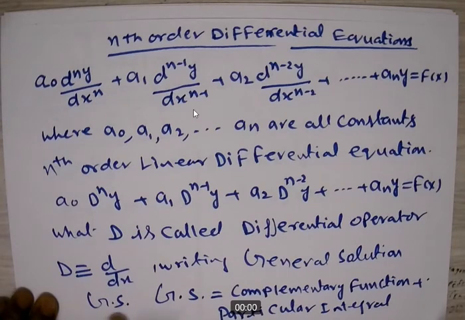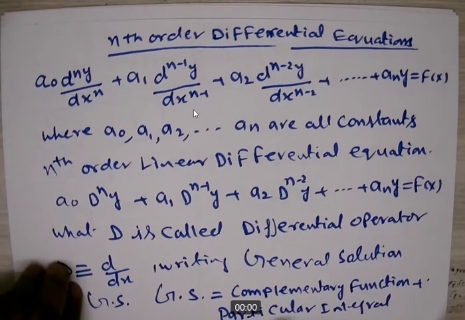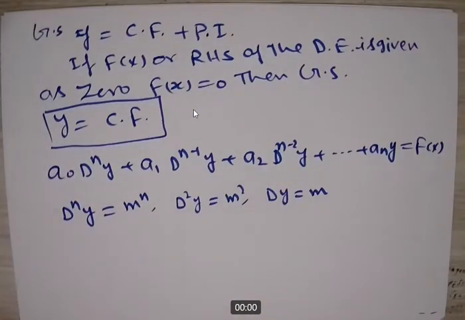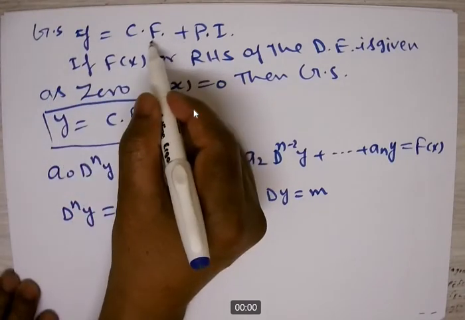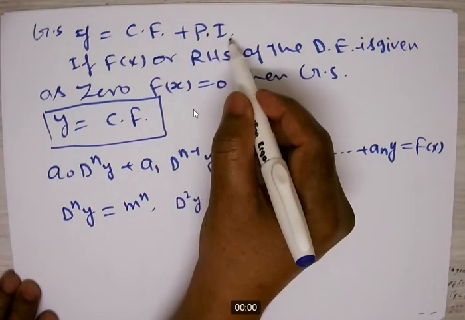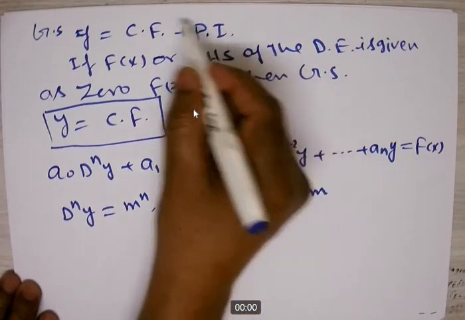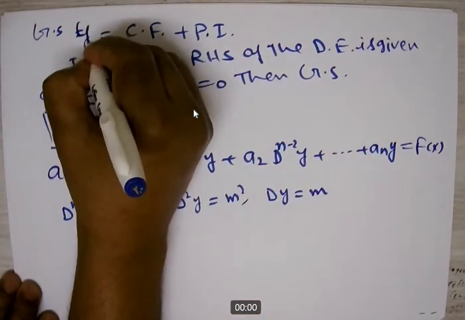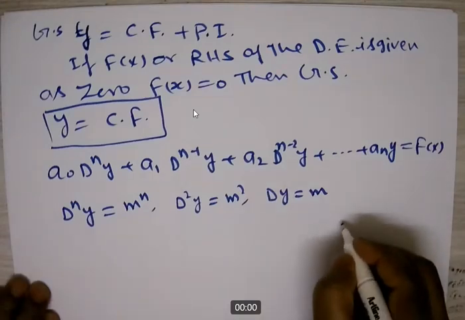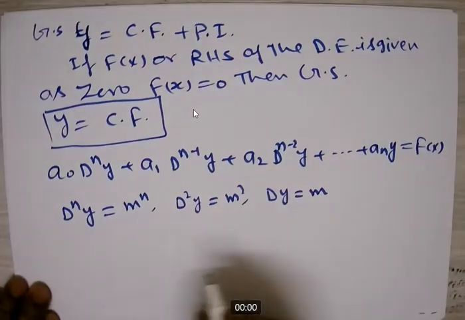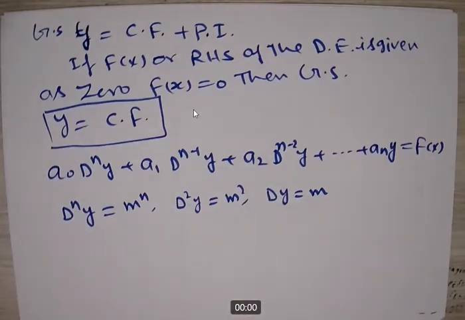To write the general solution, we can say, in abbreviated form, that means short form, general solution equals complementary function plus particular integral. We can use this in a short way as y is equal to CF, complementary function, plus PI, particular integral. This is called general solution. Remember, if dy/dx is given, it means y is called dependent variable and x is called independent variable.